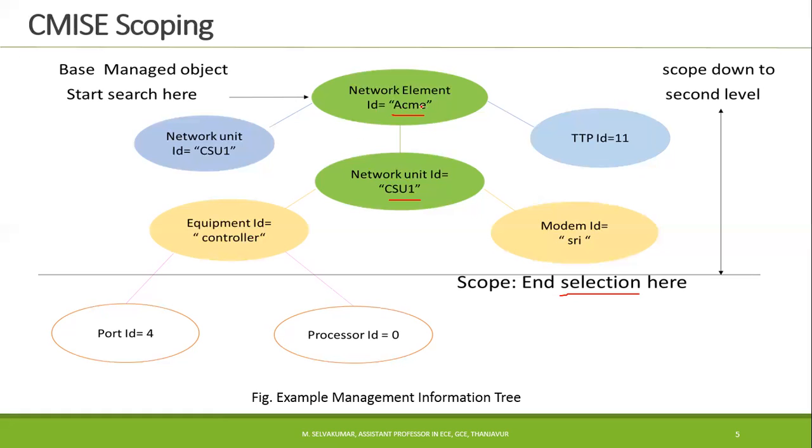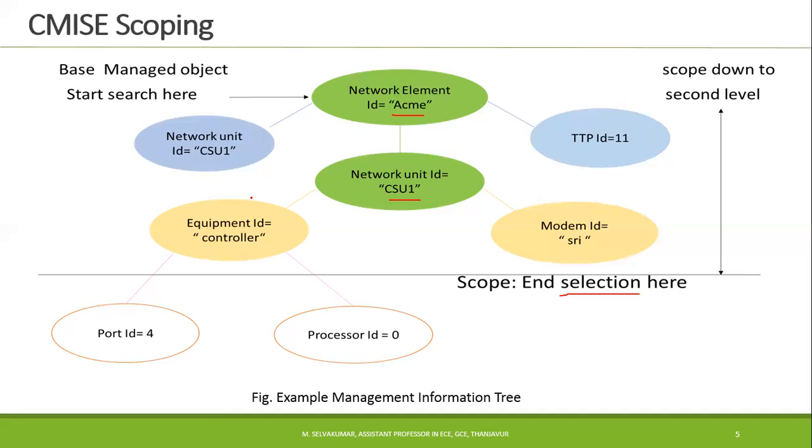Instead of specifying the modem ID information and the equipment controller ID responses individually, we select by using scoping on the network element ID ACME. Then it will give multiple responses from the modem and the equipment controller ID.